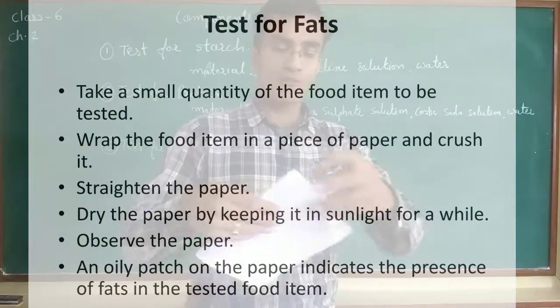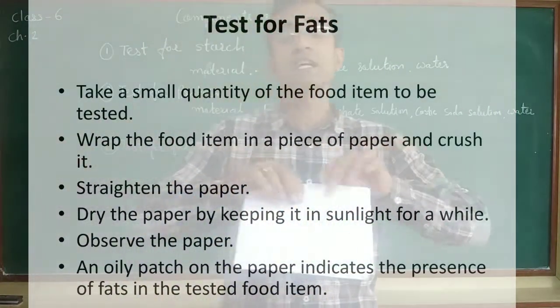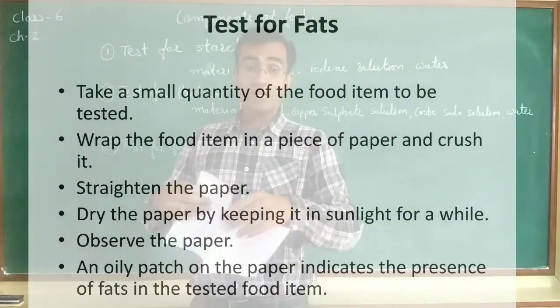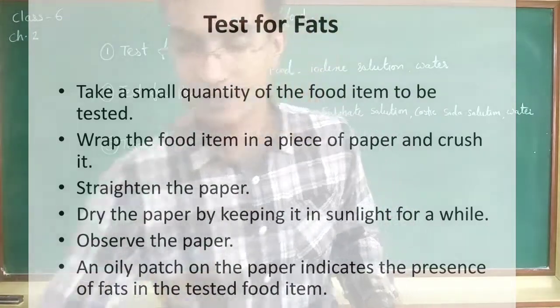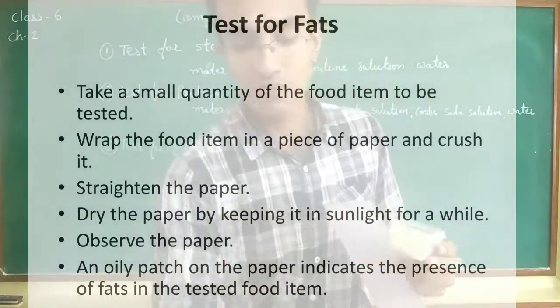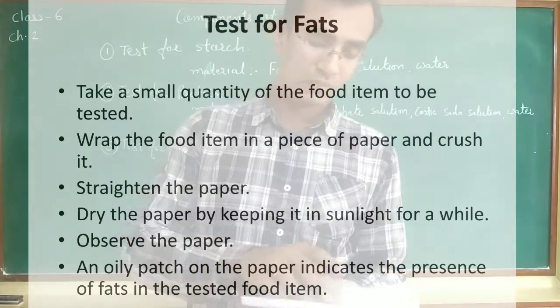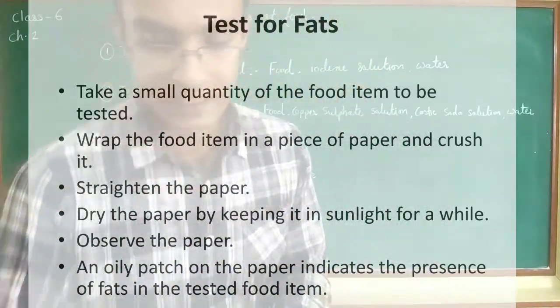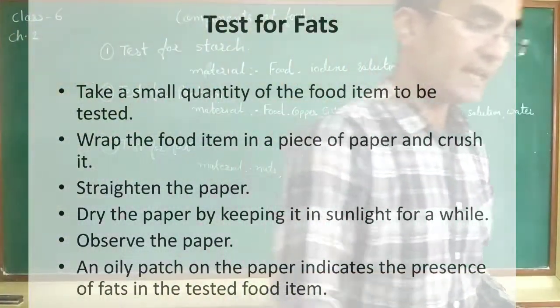To perform this experiment, we'll take some flour in one paper, and we'll take some walnut. I have cracked some walnut to perform this experiment. We take this walnut sample into one paper, and in the second paper we'll take any flour.